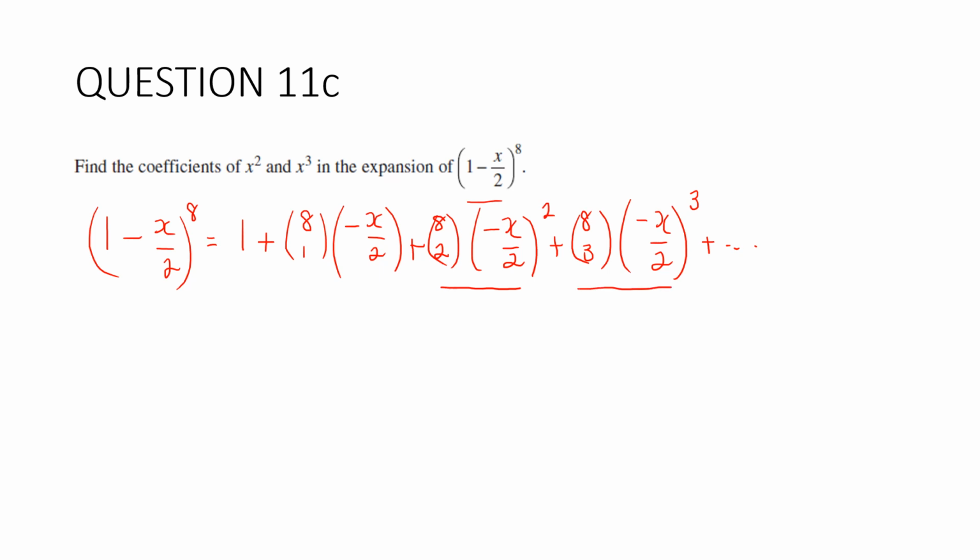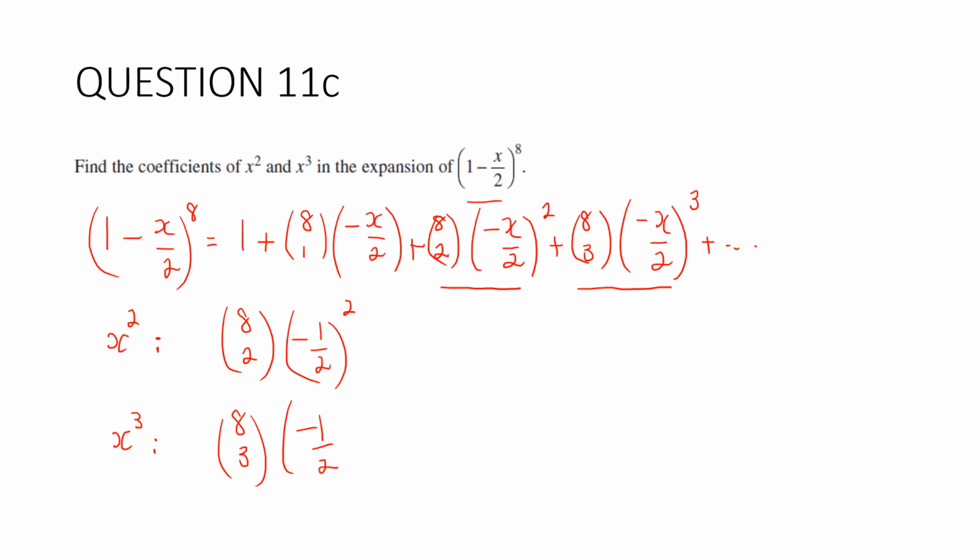Let's just do them one by one. So x squared, first of all. We've got 8c2. We only want the coefficient, so it's negative a half squared, and then x cubed is going to be 8c3 negative a half cubed. All right, let's work this out using the calculator.